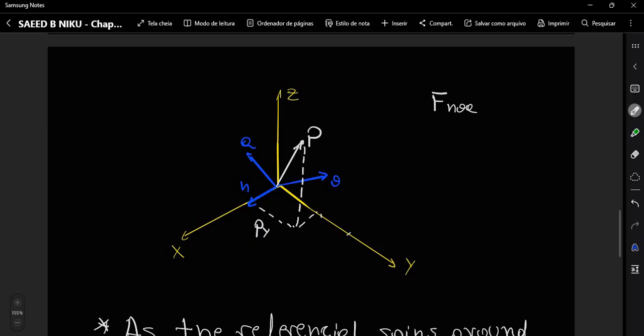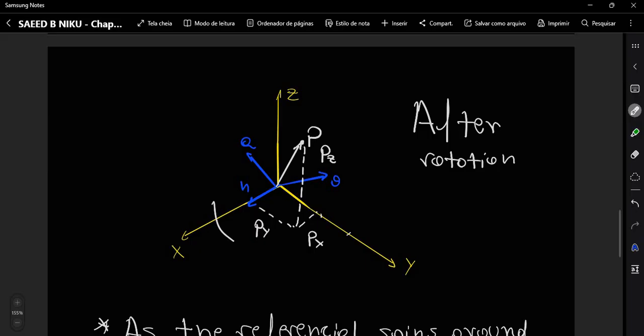So we will have our coordinates, which are the decomposition of the point on the XYZ coordinate system. There you go. And this is after the rotation movement. After rotation. And as you can see, it is around the axis X.